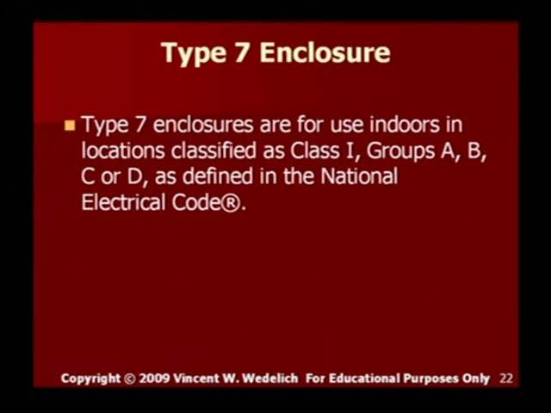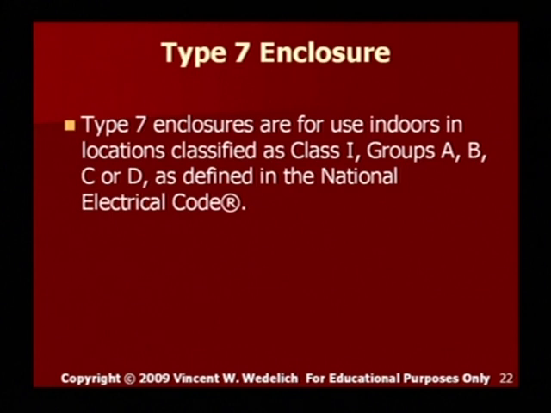The type 7 enclosure, which we'll be seeing here shortly, is a specific enclosure which is really for indoor use only. A lot of people don't know that, and you see these type 7 explosion-proof enclosures outside in refineries and what have you, but really they were intended for indoor use only.